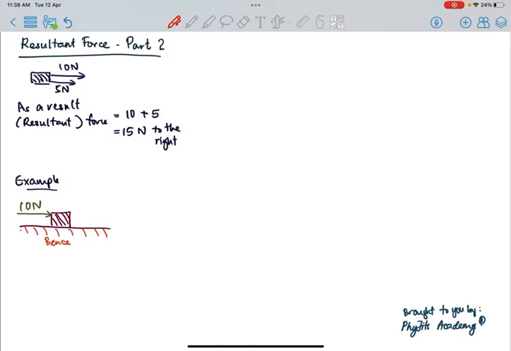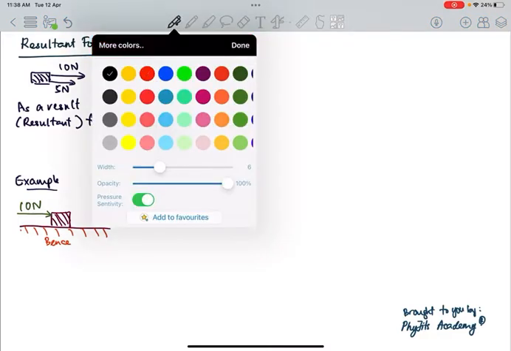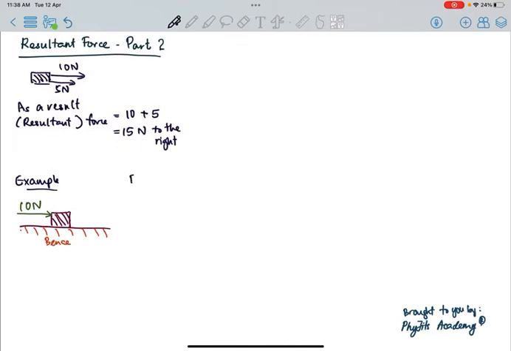So we know that frictional forces always act in the opposite direction of the applied forces. This is a very important concept that every student should know. Friction, air resistance, or water resistance are all known as resistive forces.